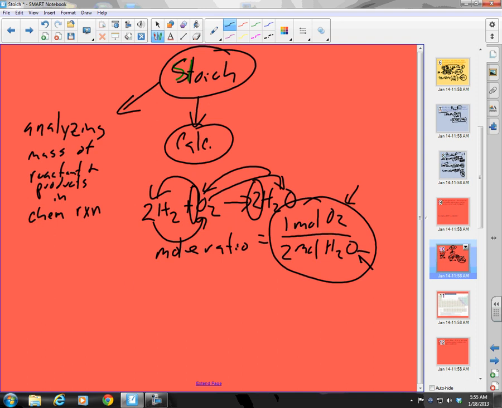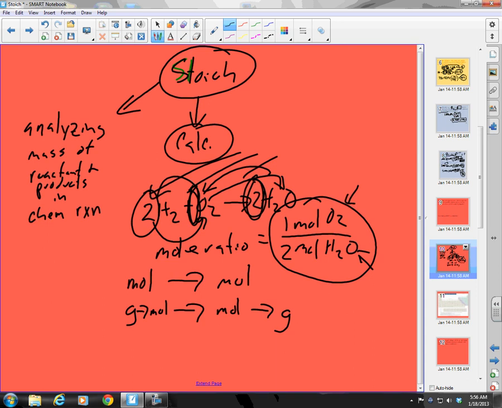And we said we could start with moles, and I can go to moles. I could start with grams, and I can go to no. I can't go from grams to grams, can I? I have to go from what? Grams to moles, and then moles to moles, then moles to grams, because these coefficients are not gram ratios. These guys do not represent gram ratios.